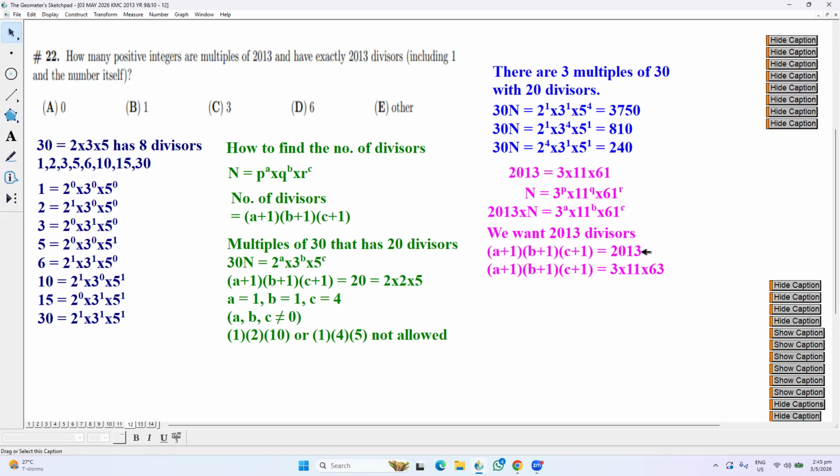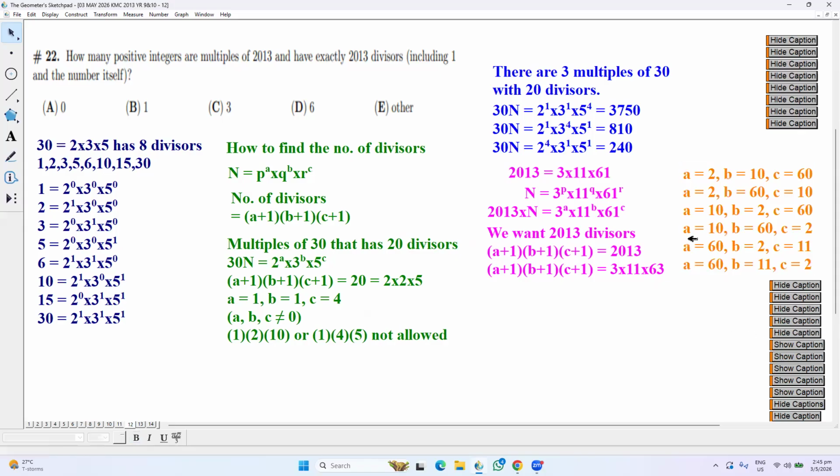And this happened to be only 3 prime factors. So we can have A equal to 2, B 10, and C 60, so that we have 3 times 11 times 61.